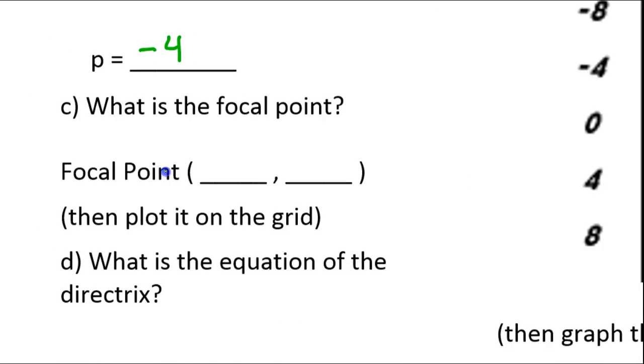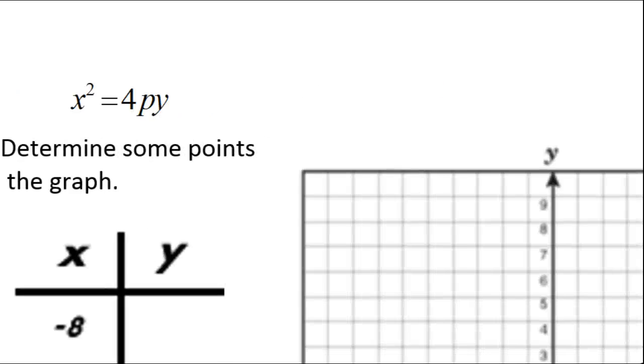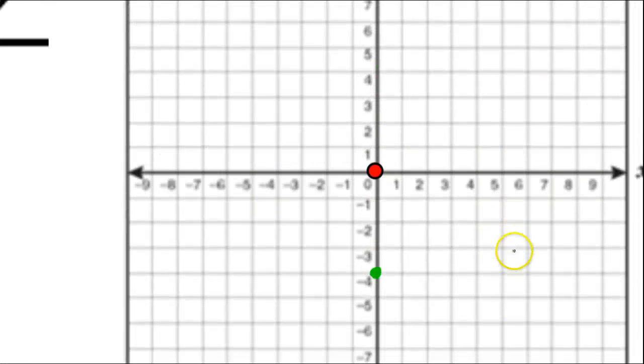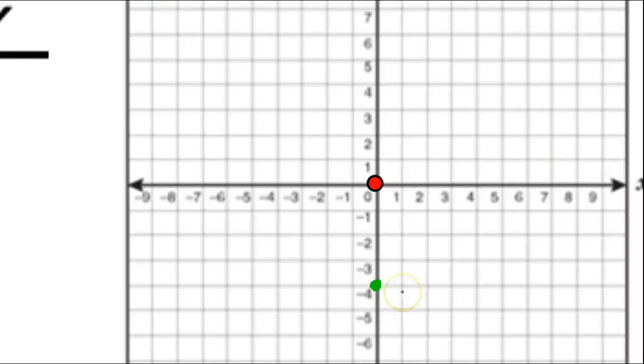We also know that the focal width is 16. So that means at the focus, to get a total of 16, we should go 8 in both directions. So it's going to be here and here.